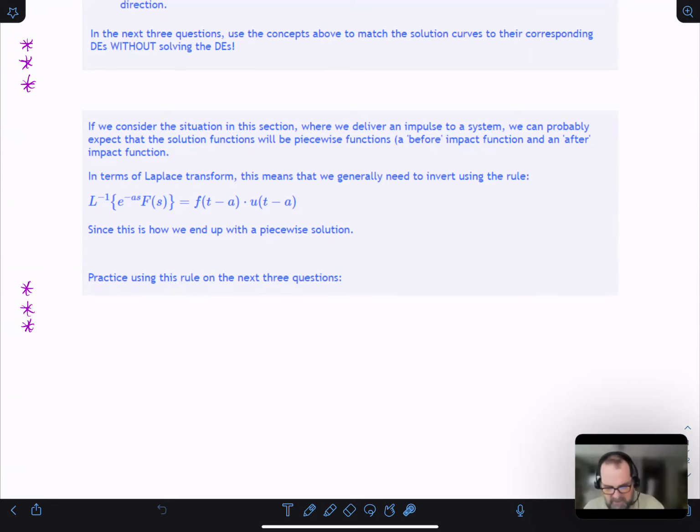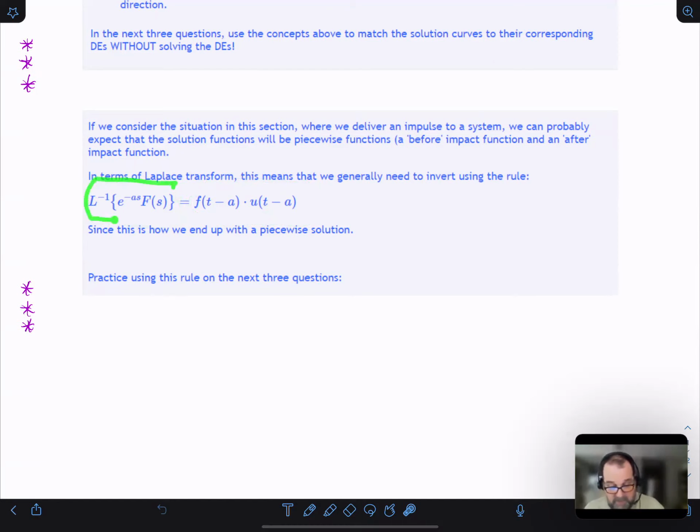So in terms of a Laplace transform, it basically means that this type of problem ends up here. It's going to end up having to do a Laplace inverse of something like this. Because this is the sort of thing that ends up being piecewise. So it ends up having to do this sort of situation.